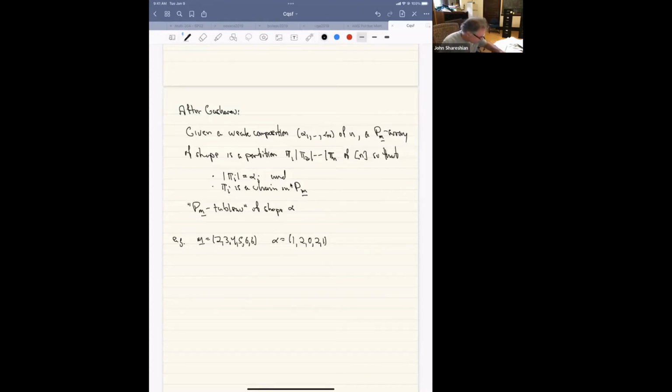Right, so here's a P array. That's an empty row. Right, like this. Right, and we can define inversions the same way.